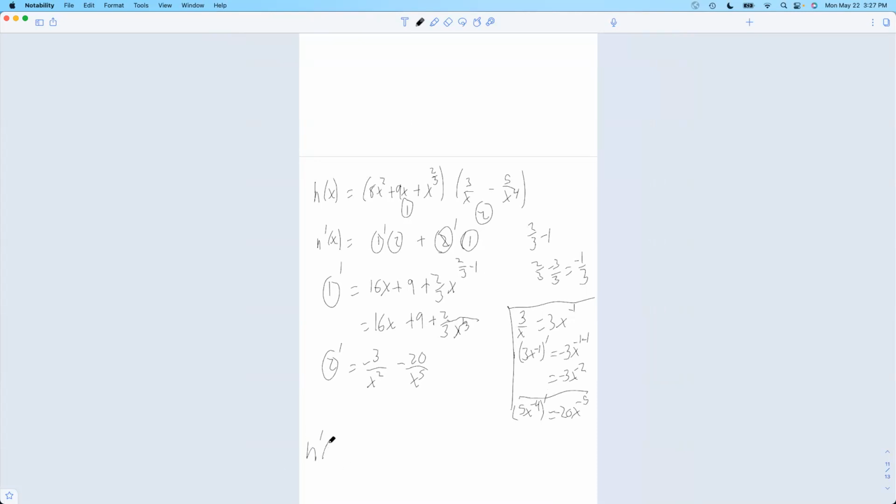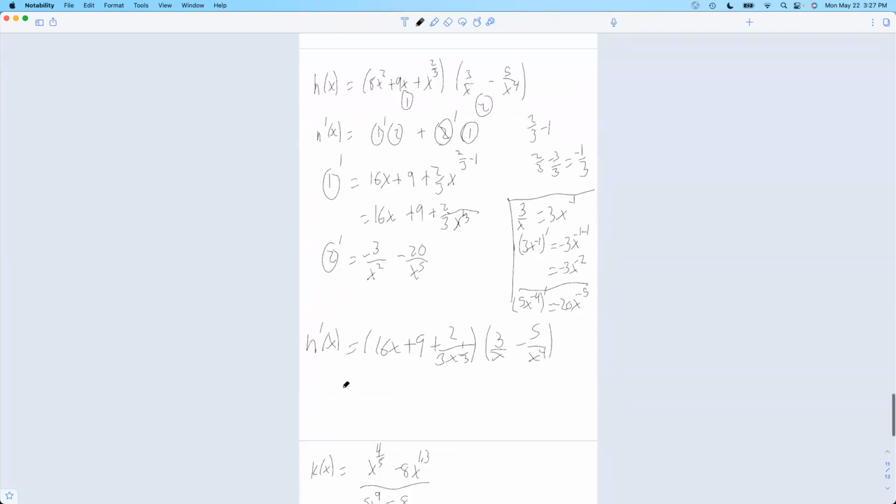So h prime will be derivative of the first, this stuff right here, times the second. Leave the second alone. Second was 3 over x minus 5 over x to the 4th. And I've run out of room there.